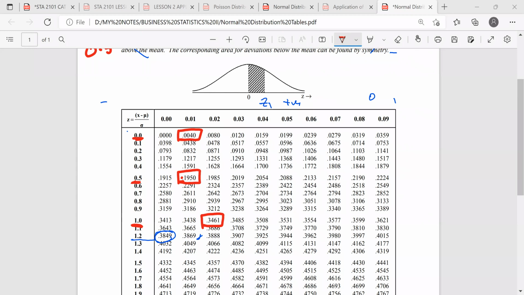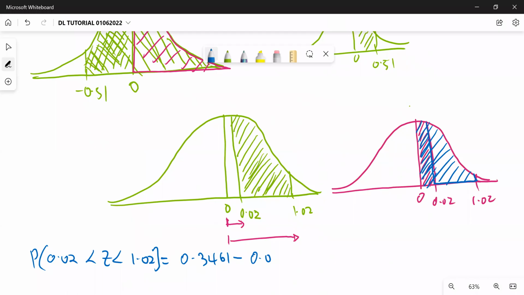And when Z is 0.02, 0.02 is this value here, 0.0080. So you take a difference between those two.